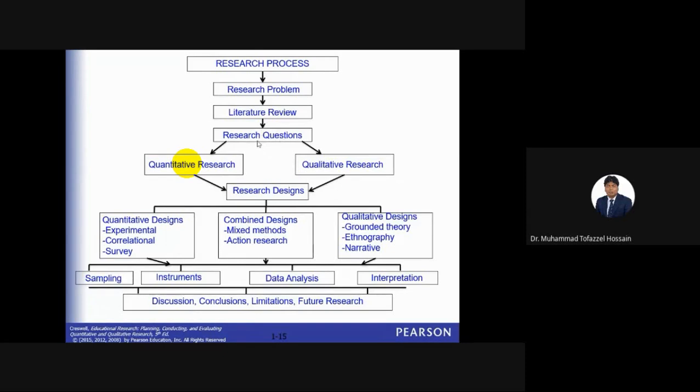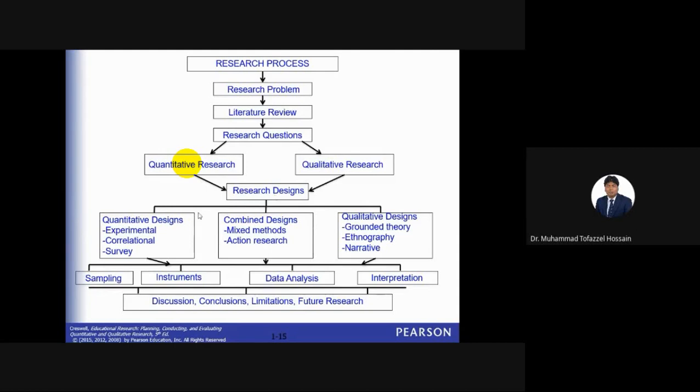Then, as per your design, when you plan your research questions, at the same time you have to think whether you will conduct a quantitative research or qualitative research, or maybe a combined research, meaning mixed methods. It can be purely quantitative, or purely qualitative, or it can be the mixed, both qualitative and quantitative. Got it?